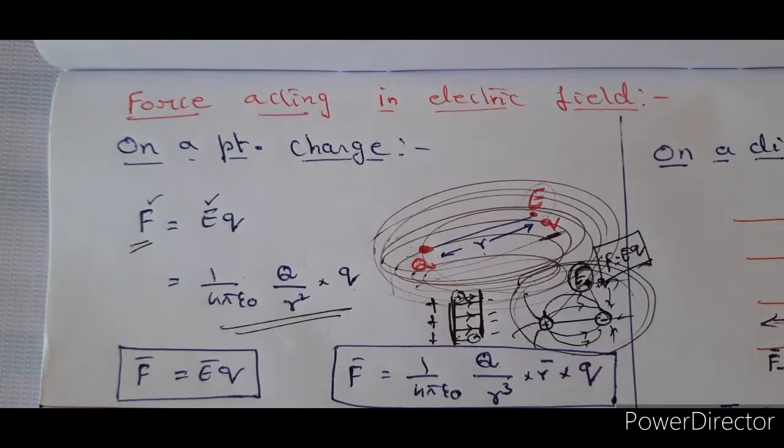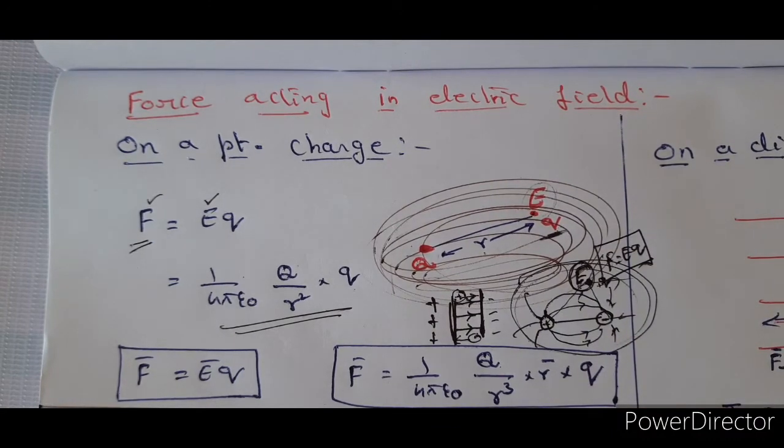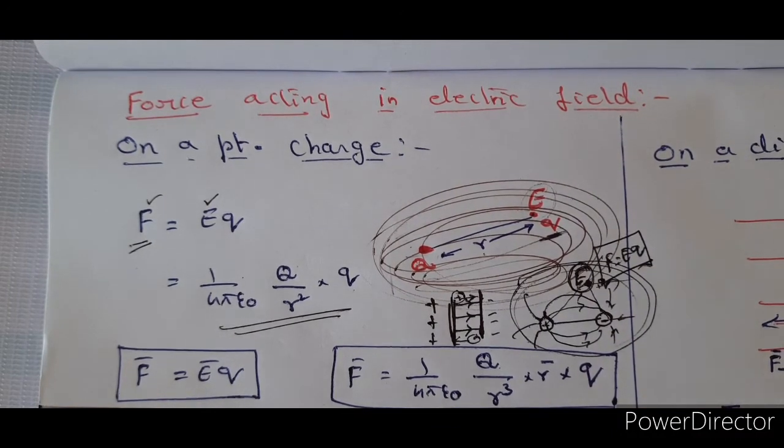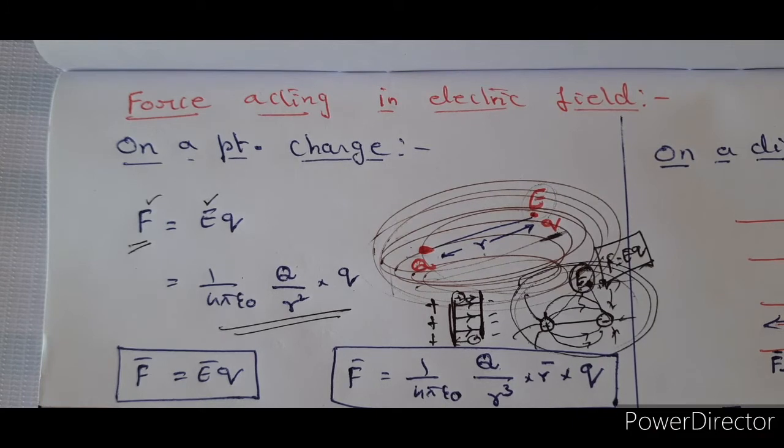Fantastic, that's all. That means whenever a point charge is left free to move, whether it is a uniform field, non-uniform field, whatever it is, what you ultimately have to find is the electric field strength at that point. Multiply the electric field strength with the charge which you are putting there.